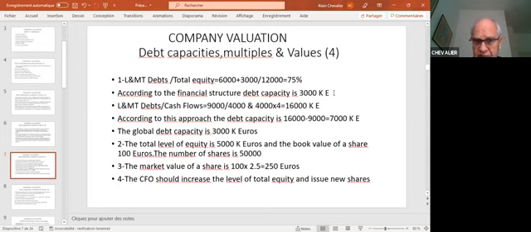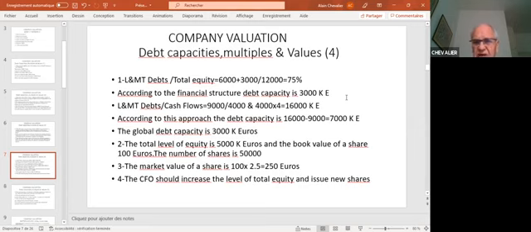The maximum debt capacity is 4 years of cash flows, and 4 years of cash flow is 16,000, which means that according to this approach, the debt capacity still available is 16,000 minus the existing 9,000, which is equal to 7,000 euros.